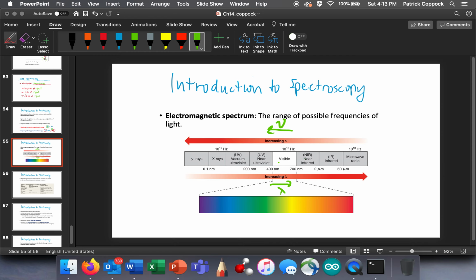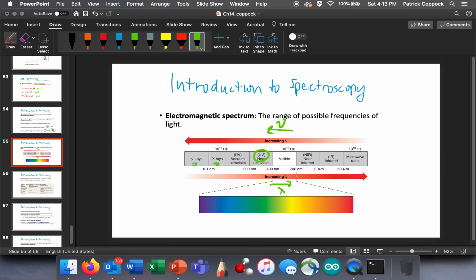In this narrow band, 400 to 700 nanometers is visible light. UV light has a shorter wavelength, X-rays are smaller yet, gamma rays are smaller yet. So that is decreasing wavelength, increasing frequency.